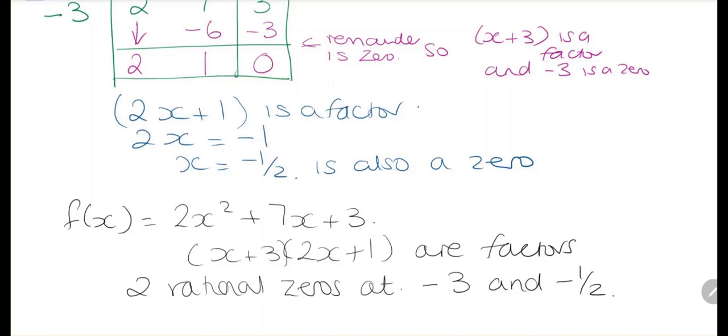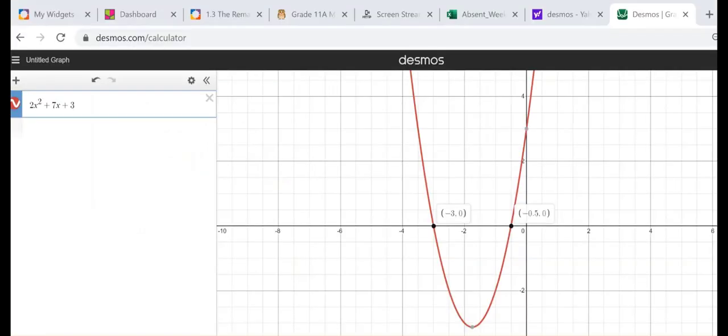And we can graph this to confirm. Okay, so putting our function into a graphing calculator, and then looking at the graph, we can see that we have our zeros at minus 3 and minus a half.